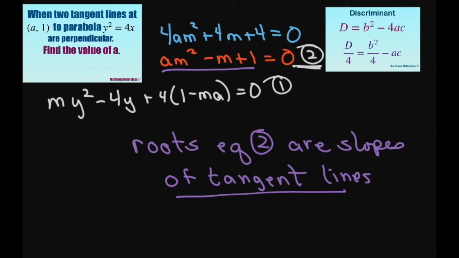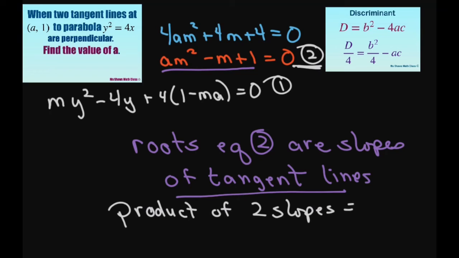Therefore, if the product of the two slopes equals negative 1, then that means the lines are perpendicular.